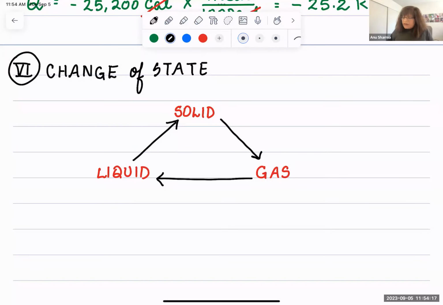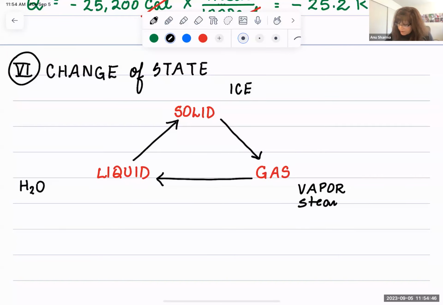Let's take a liquid to a solid, say water converting to ice. Water becomes ice, and this becomes water vapor, or steam.